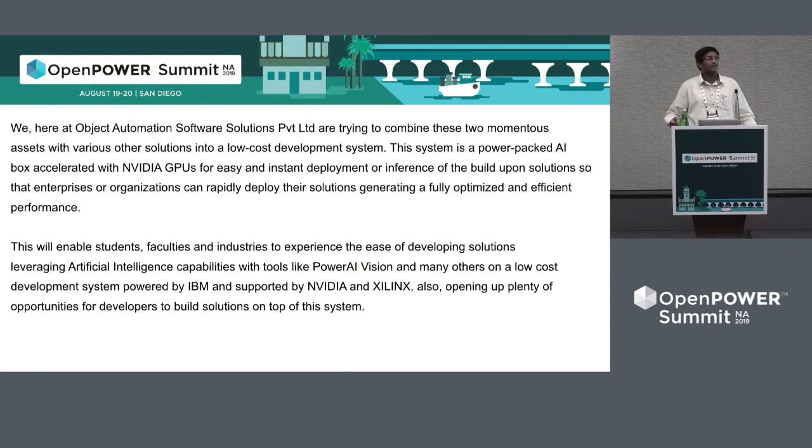We've used the NVIDIA RTX 2070, that was also provided to us, and instant development of interface and build-upon solutions, so that enterprises or organizations can supply their solutions, generating a fully efficient trained model. Okay, so this will be demonstrated to you shortly.